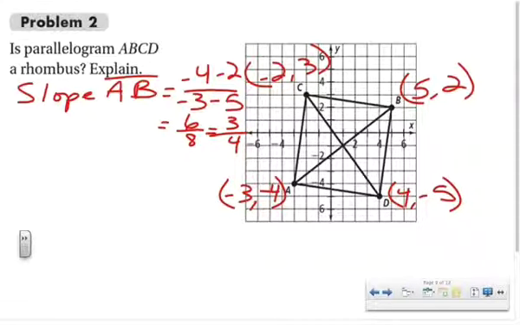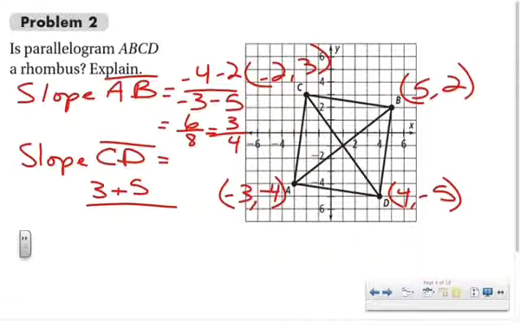Next, we find the slope of the other diagonal, CD, and that one is 3 plus 5 over -2 minus 4, and that gives me 8 over -6, which reduces to -4/3.